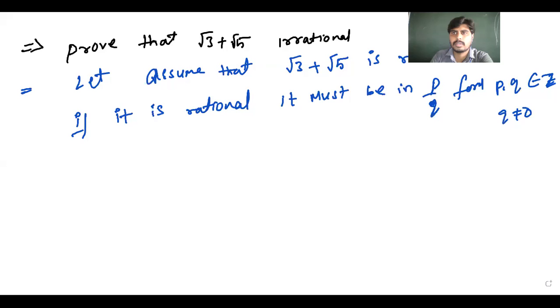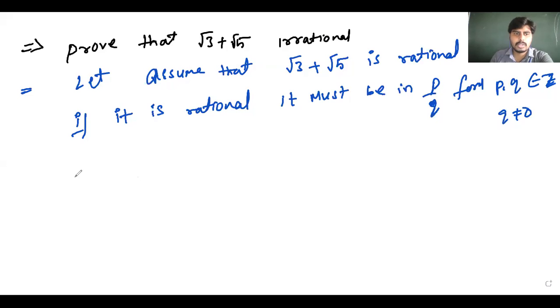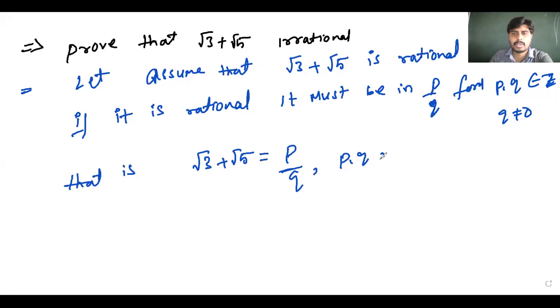Just wait. See, now that is, root 3 plus root 5 is equal to p by q, where p, q are integers and q not equal to 0.